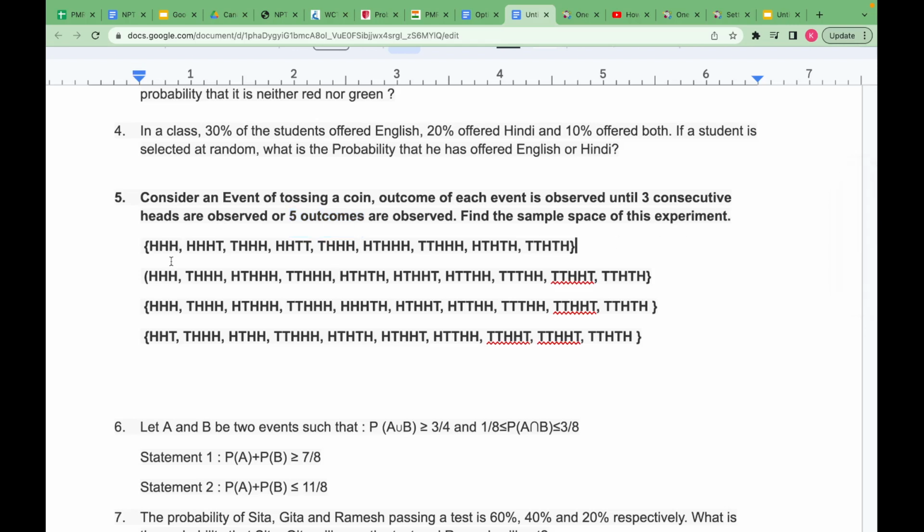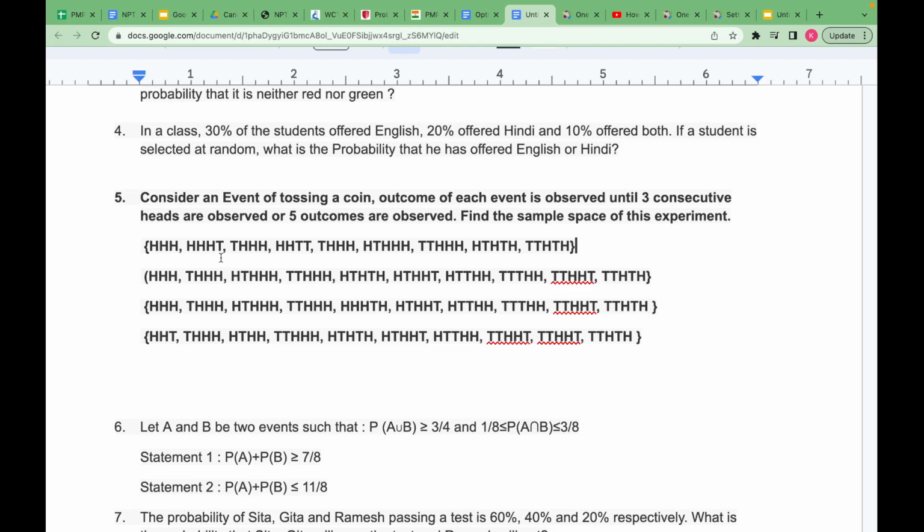So we can go through each of these 4 options. The first element of the sample space is heads, heads, heads. This can be counted in the sample space because it has 3 heads, so we can stop the experiment after 3 heads. Now the second is 3 heads and 1 tail.